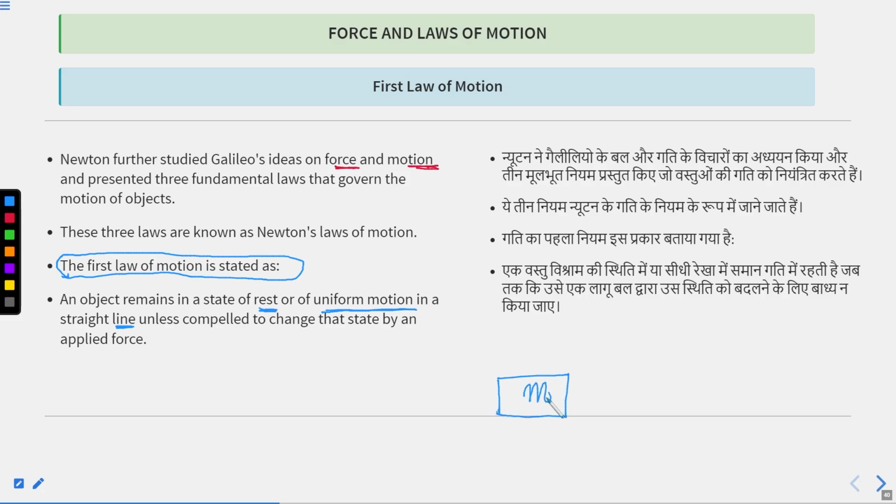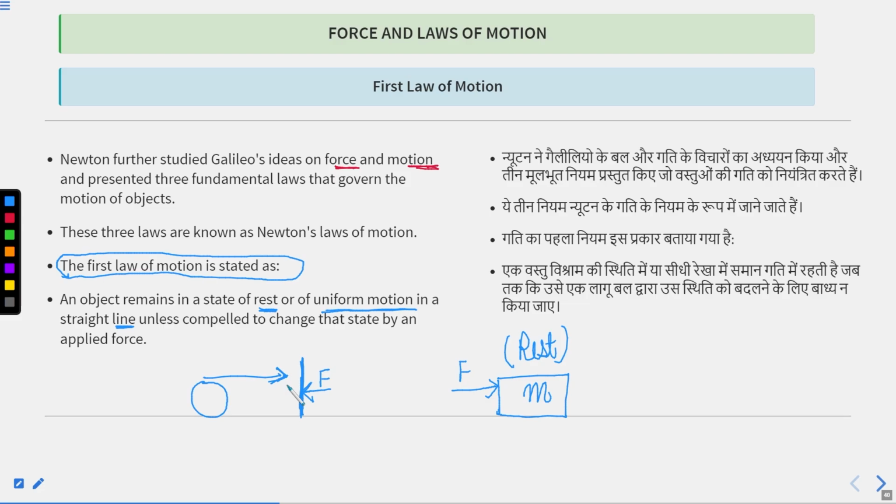If an object of mass m is in a rest position, it will continuously stay in the rest position unless and until you apply an external force to change its state. Or if that marble which was going forever, an object doing uniform motion, is in motion and you want to change its state, you have to apply an external force to stop it.